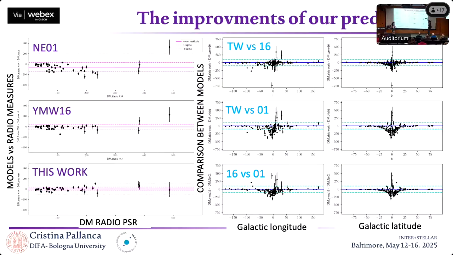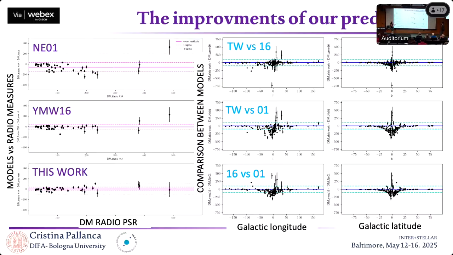These are the comparison between two models as a function of galactic longitude and latitude. Right. And the residuals have this shape in latitude. Yeah, probably if you zoom, you see something like this, a decrease, then an increase, then a decrease again. So maybe it means that the galactic center is not well reproduced.